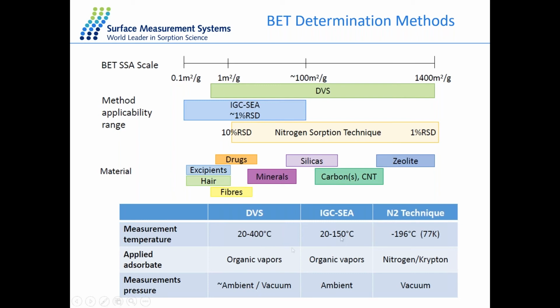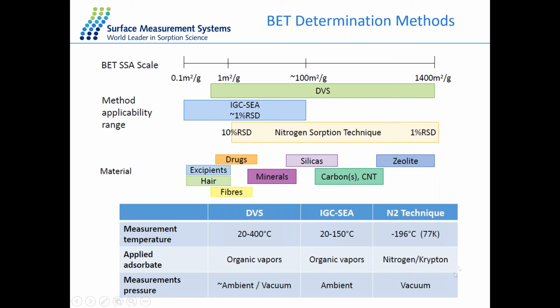The main differences between these techniques is that for the nitrogen adsorption technique, typically you would carry out the experiment at very low temperatures, about 77 Kelvin. However, in both the DVS and the IGC, we can calculate the BET surface area under conditions more representative of how we would use our sample. So we can go from ambient temperatures to high temperatures. In the case of the DVS, we can go from 20 to 100 degrees, and the IGC from 20 to 150 degrees.